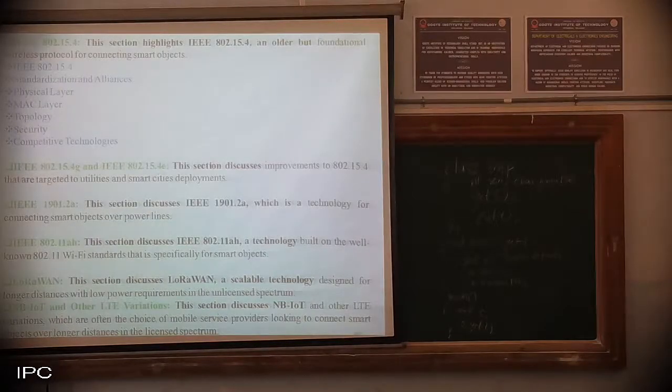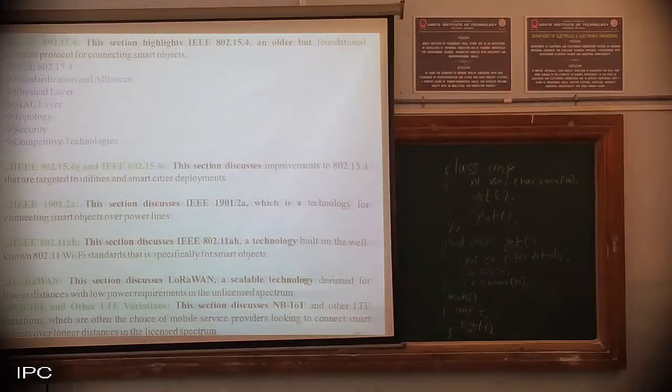Here I have shown that IEEE 802.14 is a wireless protocol for connecting smart objects, and whatever I have shown previously here is to be discussed.